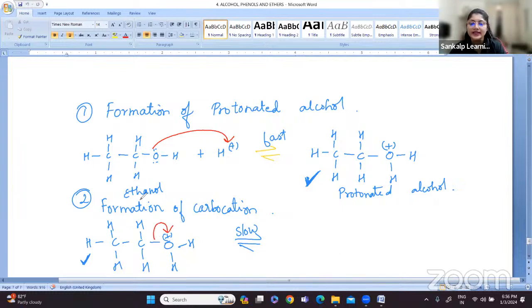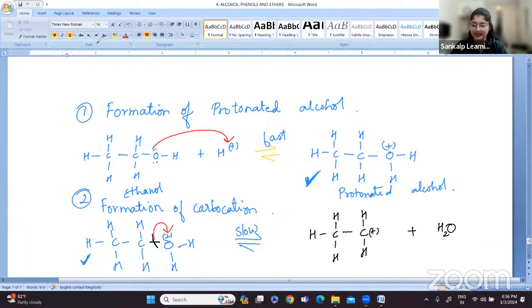Bond movement takes place and it forms H, C, H, H, then C, H, H, and this bond breaks, plus H2O. The water molecule is taken away. So this is our second step.